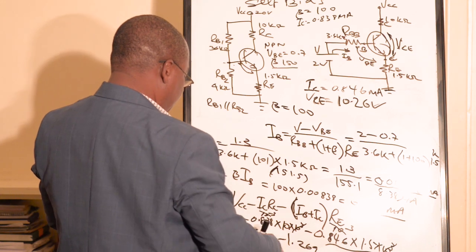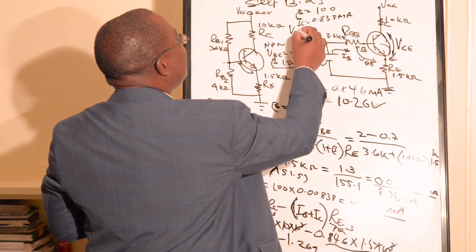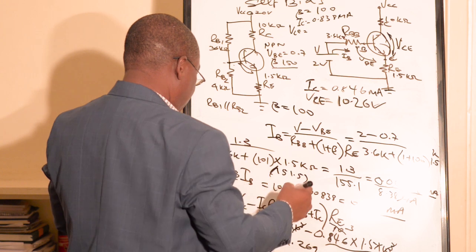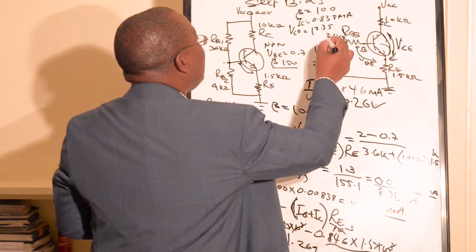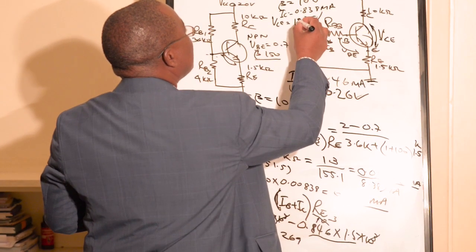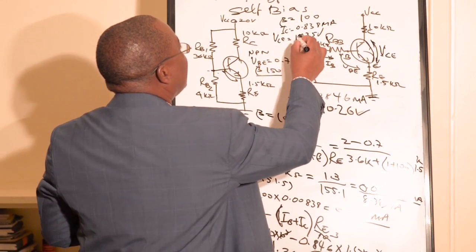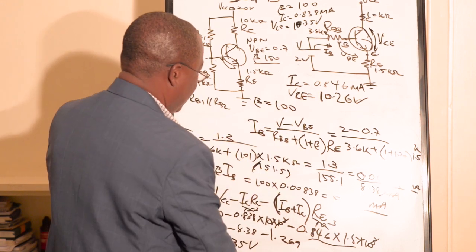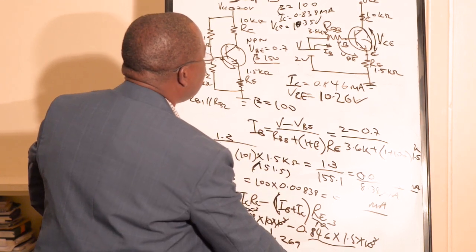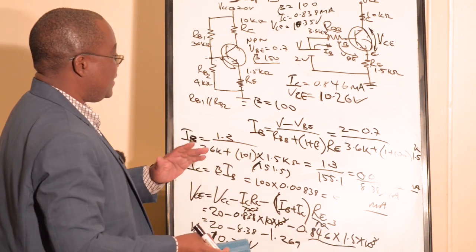And my VCE, my collector emitter voltage, is equal to 10.35 volts. Okay, then I will do some comparison. So I will clear my board again and we'll find the last beta at 70.